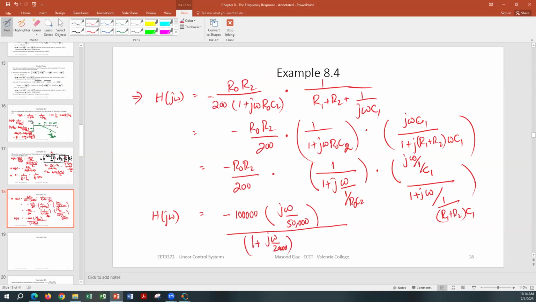And for this, let me see what that is. 1 divided by R1 plus R2 times C1. That's simply 10. 1 plus j omega over. So this is the transfer function that I'm getting in terms of your zeros and poles. See if you're getting the same or not.